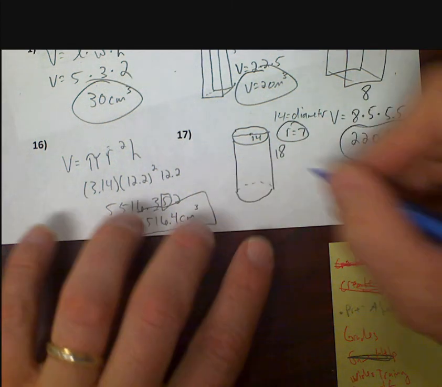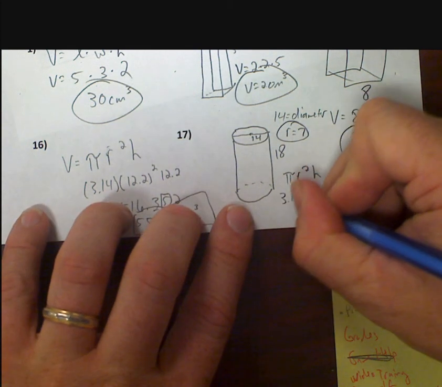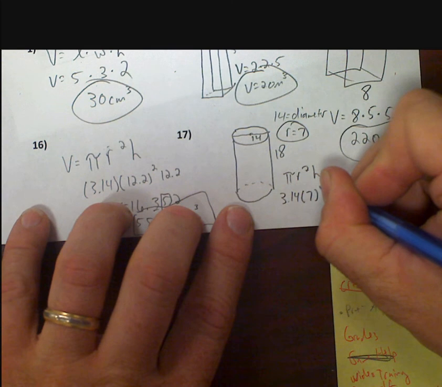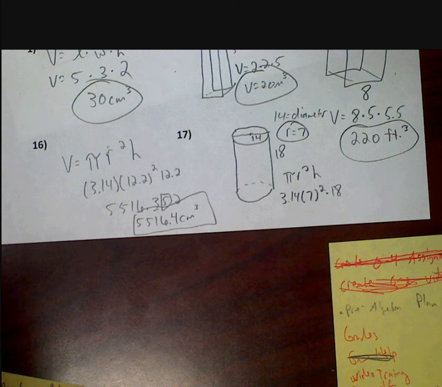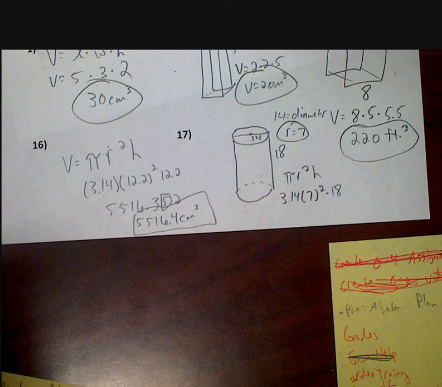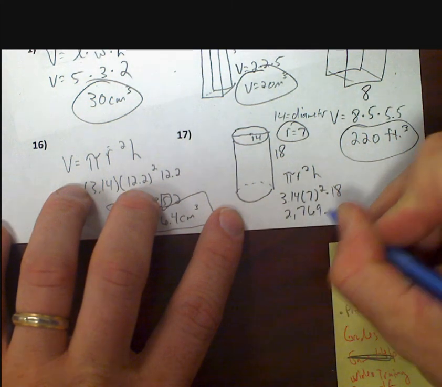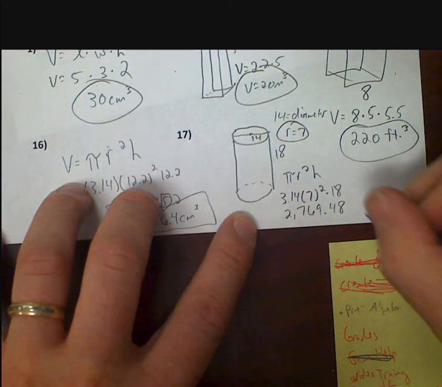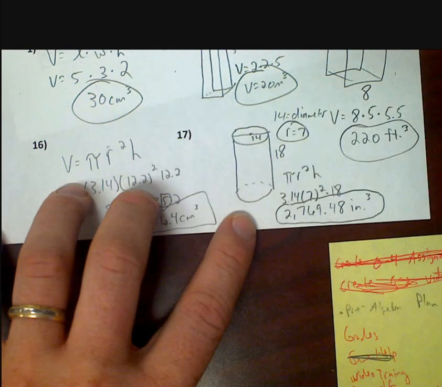So now I can go ahead and do pi r squared h. So that's 3.14. My radius is 7 this time, squared. My h is 18. So 7 squared is 49. 3.14 times 49 times 18 gives me 2,769.48, and we measured in inches cubed. And that is it.